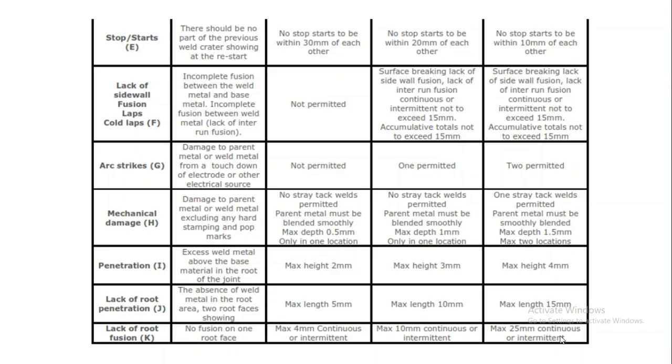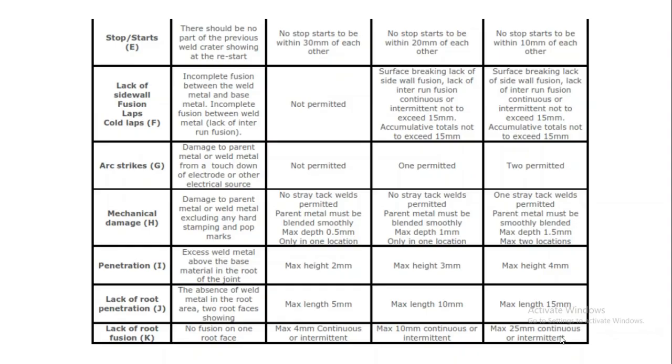And mechanical damages, it denotes the letter H. If you see any damages to the parent metal or weld metal, like chisel marks and grinding marks, you have to consider that as mechanical damages.